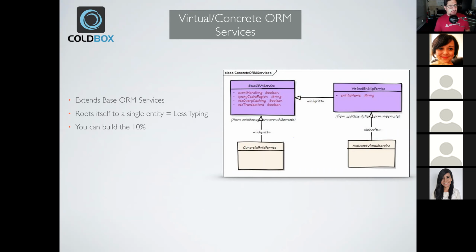So for example, you can create a user service that inherits from the virtual entity service, and you bind it to that user entity. Then now you're in business. You can work a little bit nicer without passing all the entity names. And then you can even build that extra 10% that we're missing and create your own objects. So you can create your own concrete services that inherit from the virtual entity services, and you can start creating just like you would traditional service layers.